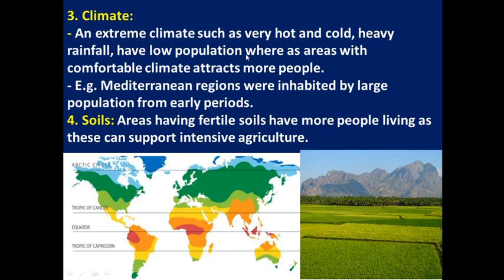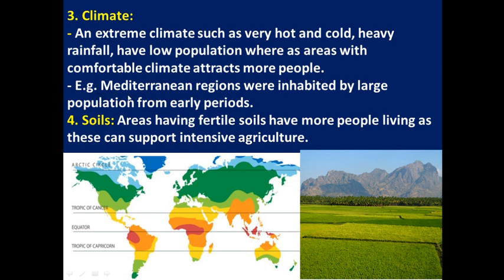Regions having an extreme type of climate, such as very hot and cold conditions, and some regions which experience very high rainfall, generally have fewer human population as compared to regions with favorable climatic conditions.